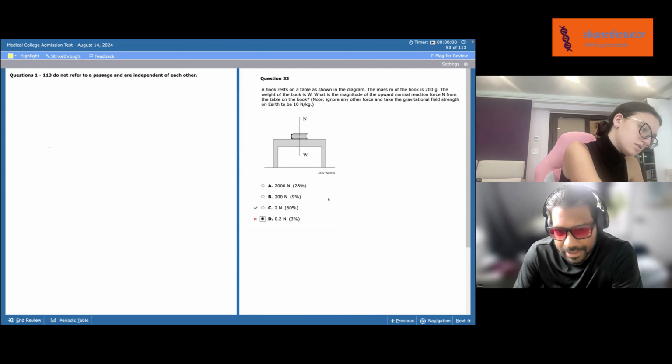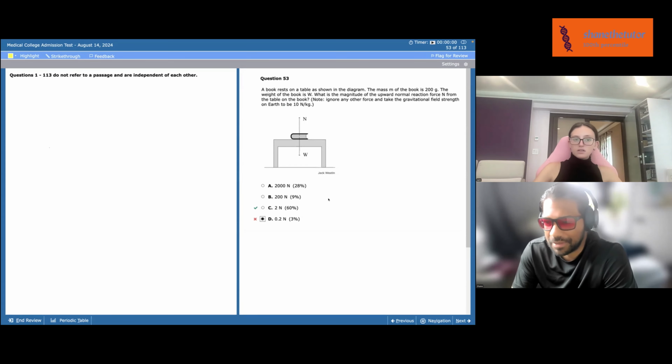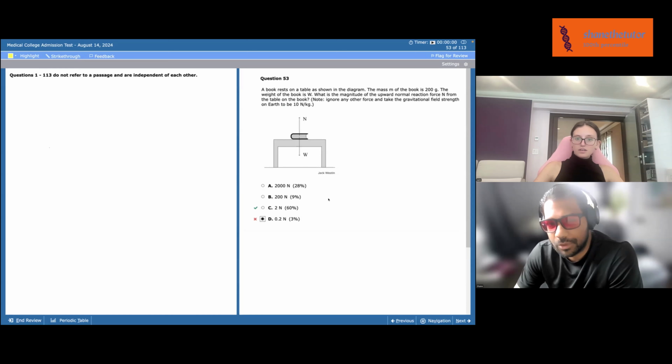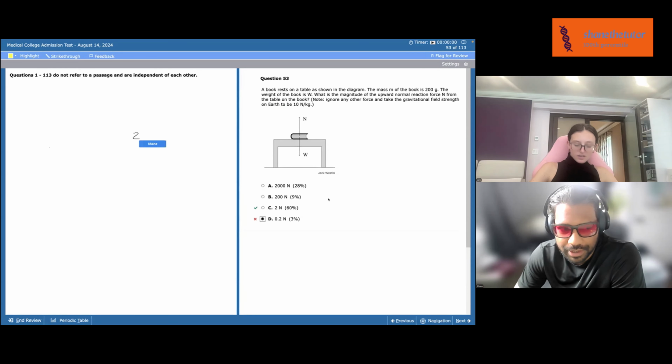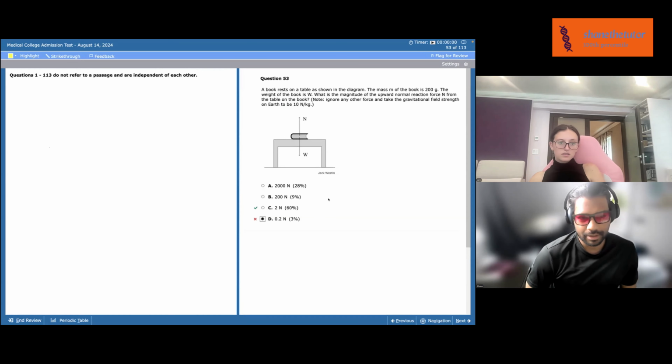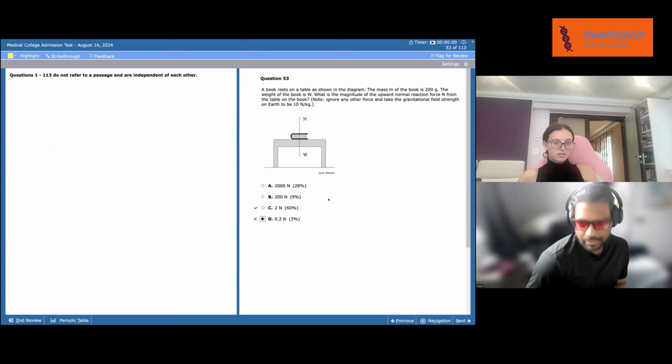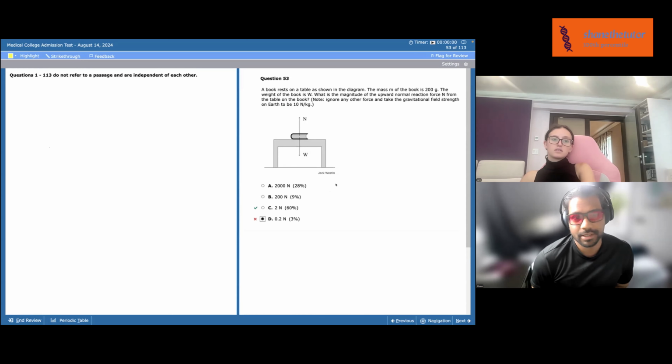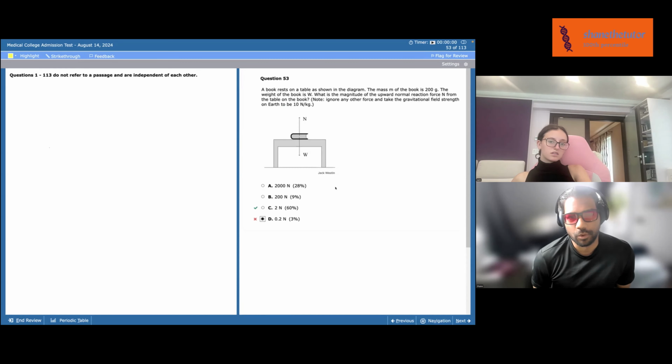And I know you like to do random things with numbers, and that might lead you to the right answer in this case, if you do 200 divided by 10, but there has to be a reason for it. If they're asking you to calculate the force and they give you the mass and the gravitational field strength, you should be able to figure out the force.